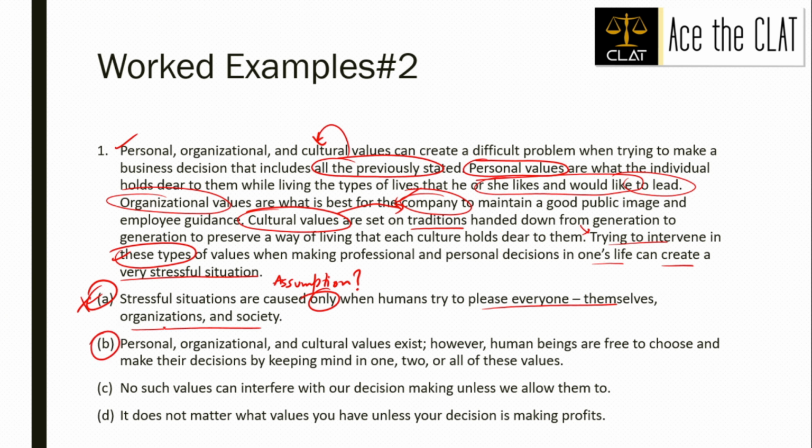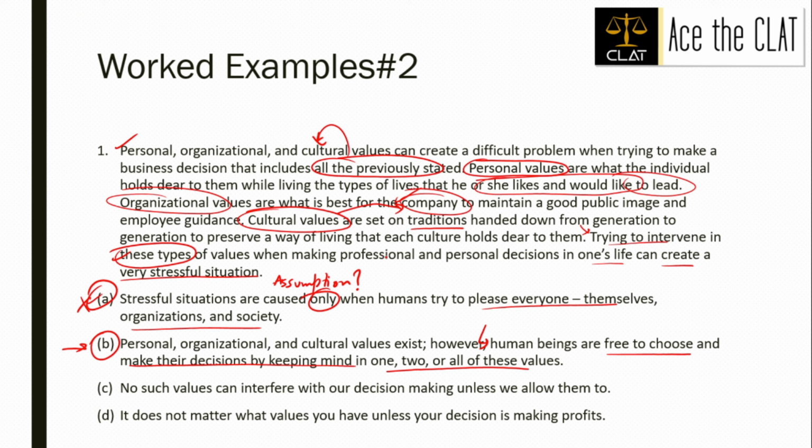Option B says personal, organizational, and cultural values exist. However, human beings are free to choose and make their decisions by keeping in mind one, two, or all of these values. Let us try to negate this: human beings are not free to choose and make their decisions by keeping in mind one, two, or all of these values. Well, when we say so, we realize that the argument cannot hold without this statement being true at all times, right?